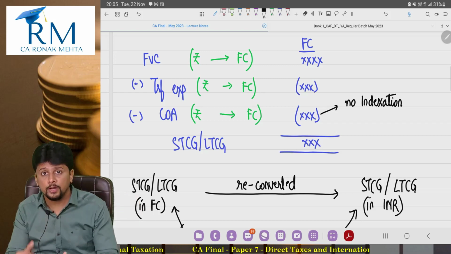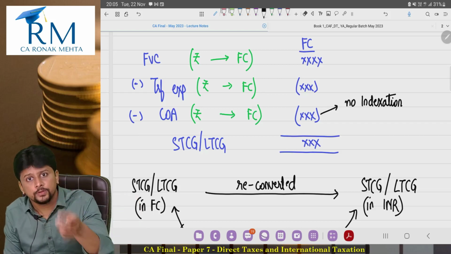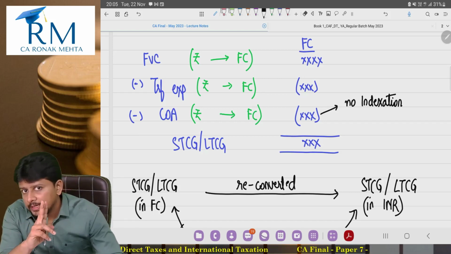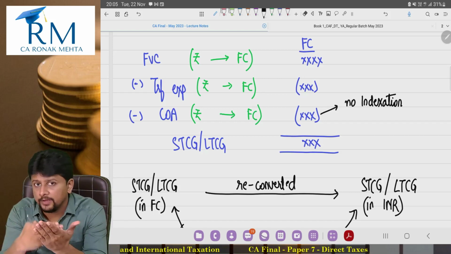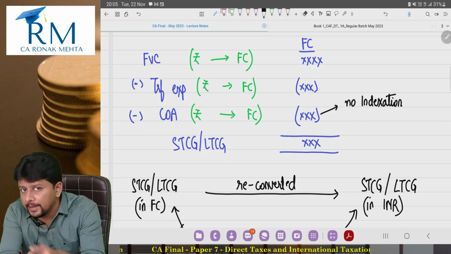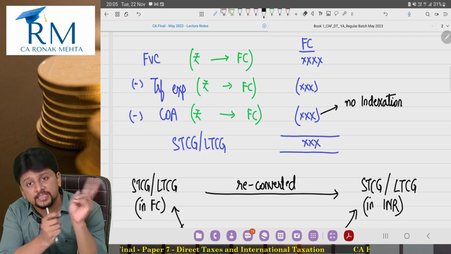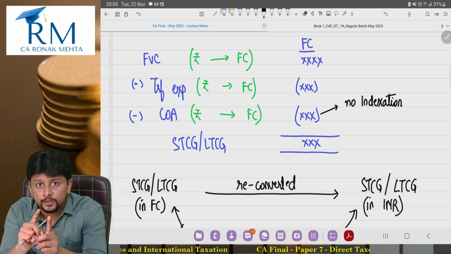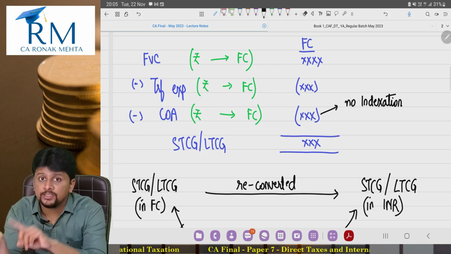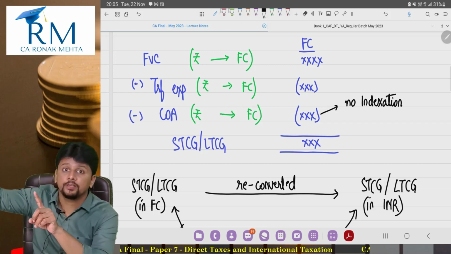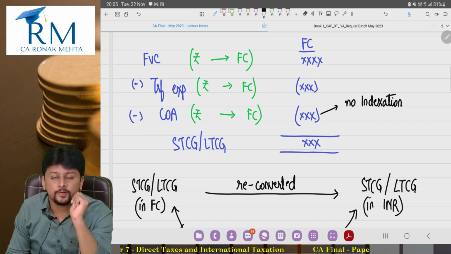In fact, if you now think carefully, I have discussed with you the first and the second proviso both. The second proviso is indexation, which will apply for long-term capital gains arising on long-term capital assets. But in the second proviso only, it is written that if you have shares in or debentures of an Indian company acquired by a non-resident referred to in the first proviso, then the second proviso will not apply.